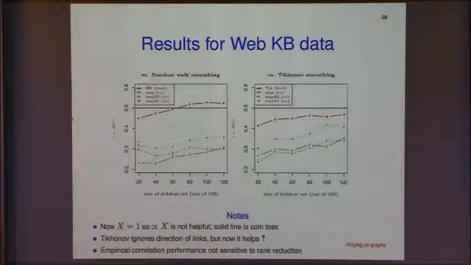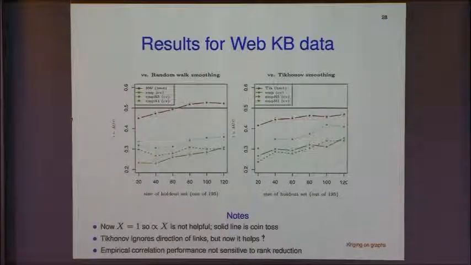Now, because we're predicting a binary, we're not going to report mean squared error. We'll report 1 minus the area under the curve. And if you would just guess, you'd hit this black line. And if you use random walk smoothing, you hit this red line. And it seems like, well, the more you hold out, the worse it gets. And the empirical versions are making some kind of an improvement.